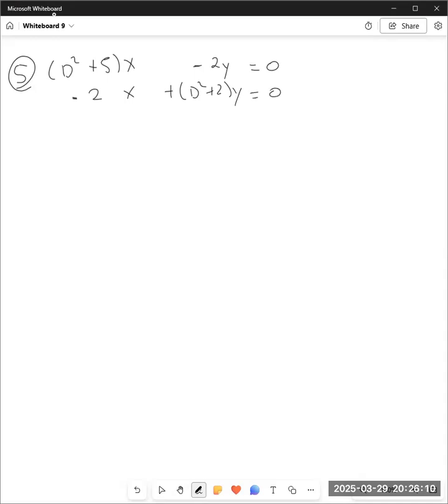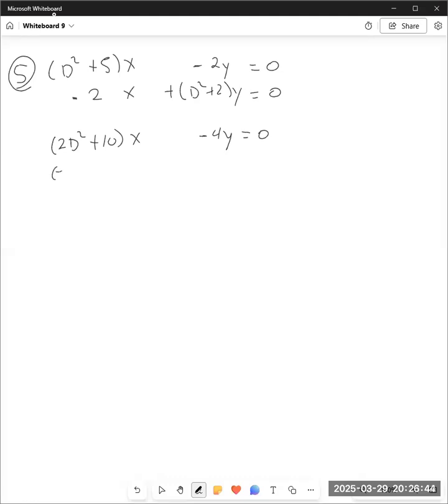And we need to get something that will zero out. I'm going to try to zero out the x part by multiplying the top equation here by 2. 2(D² + 5)x - 4y equals 0. And then taking the differential operator D² + 5 across the second equation.